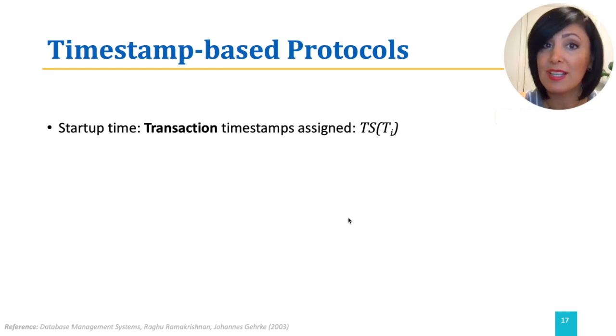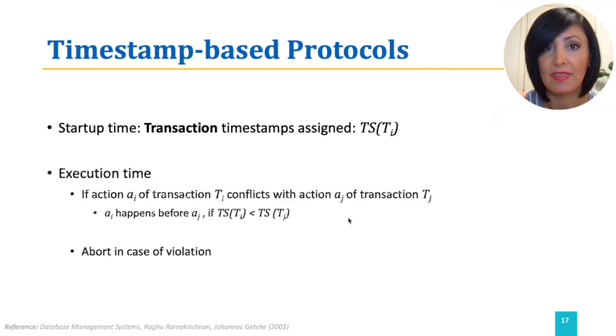During execution time, we ensure that if action Ai of transaction Ti conflicts with action Aj of transaction Tj, and we have the timestamp of Ti set to a value less than the timestamp of Tj, then Ai happens before Aj.